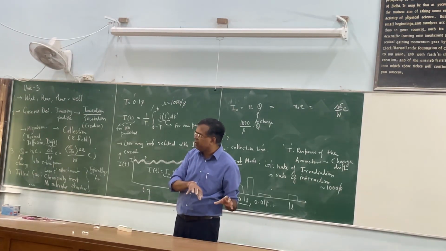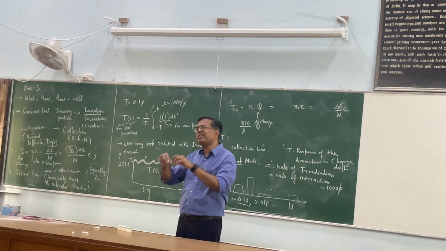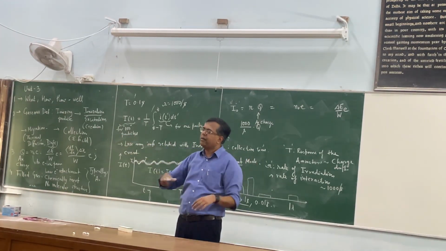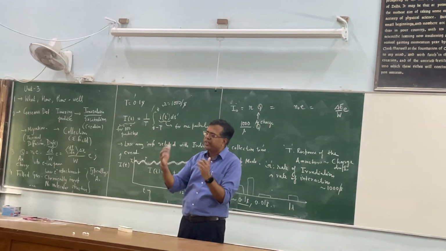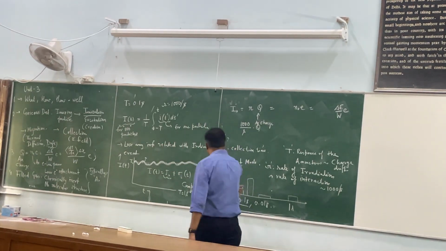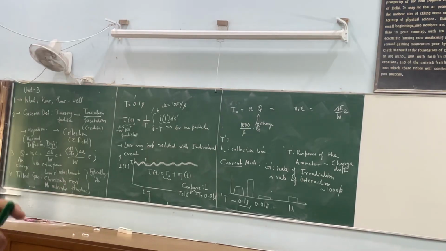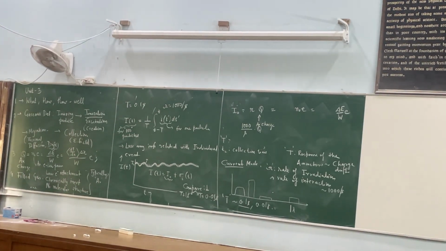Both in the current mode and the mean square mode, we just look at the large time integration. And that's why in both of these modes, we do not manage to figure out information about the single charge. Hence, we do not consider them till the rates become very, very high.